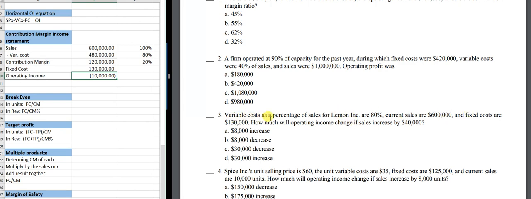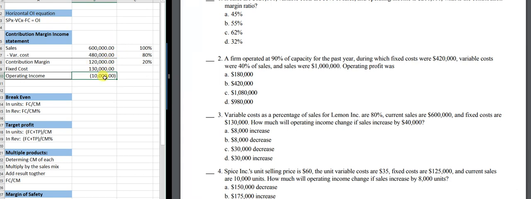How much will operating income change if sales are increased by $40,000? I have my formula in here, and let's double check it. I've got sales of $600,000, fixed costs of $130,000, and variable costs of 80%. Be careful because sometimes they give you contribution margin instead of variable costs.